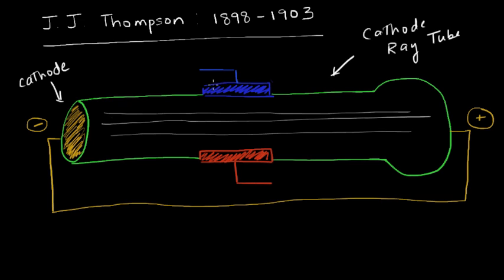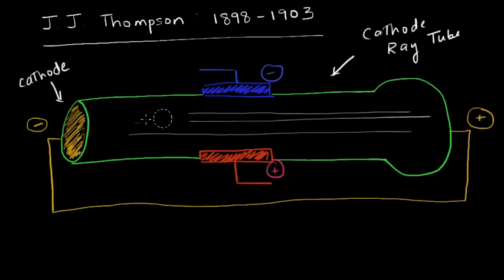What Thomson did was the following. He added these plates to the middle of his tube. The plate on top was given a negative charge, while the plate on the bottom was given a positive charge. And then he reran an electric current through the tube to generate these rays. And what he found was actually very interesting.